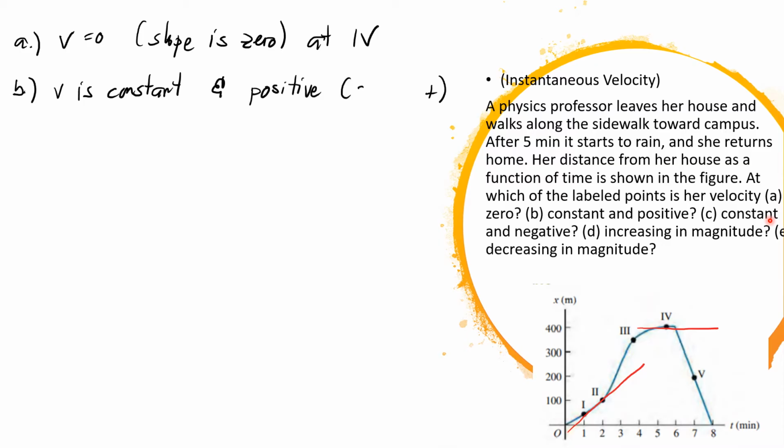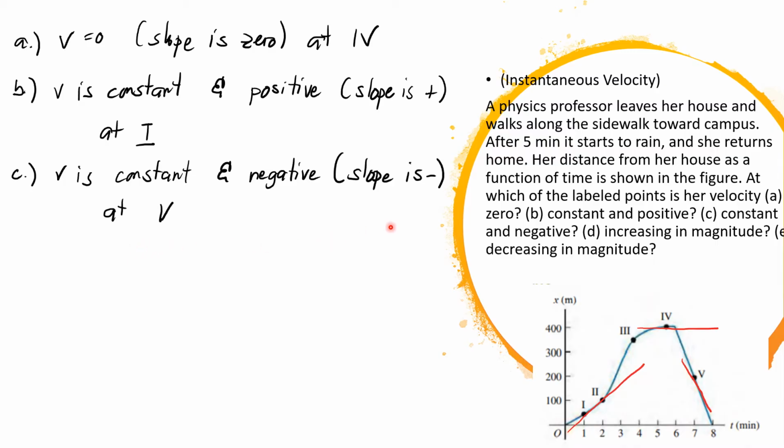For letter B, where velocity is constant and positive, we need to find where the slope is positive and constant, and this can be found at 1.1. For letter C, where velocity is constant and negative, we need to find where the slope is negative and constant, and we can find this at 0.5.